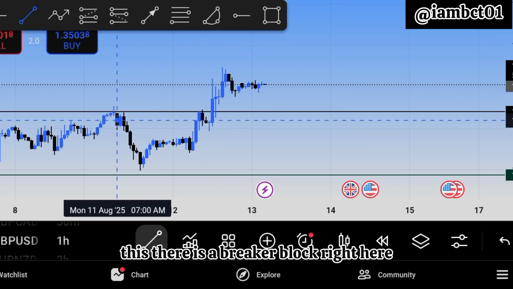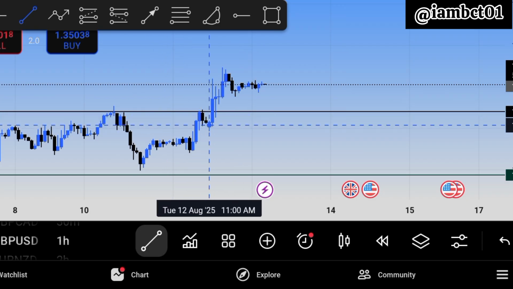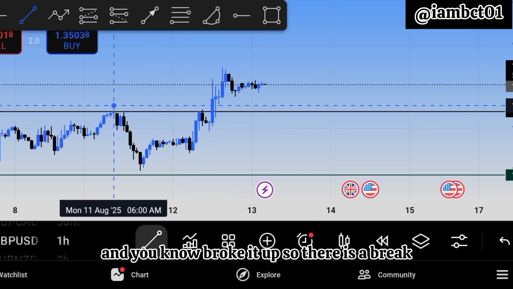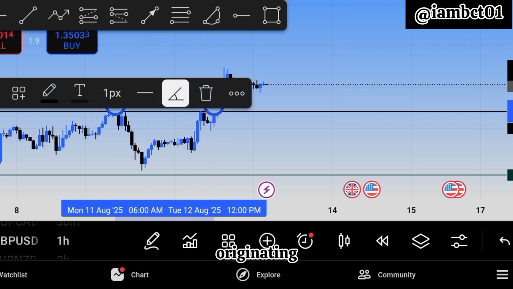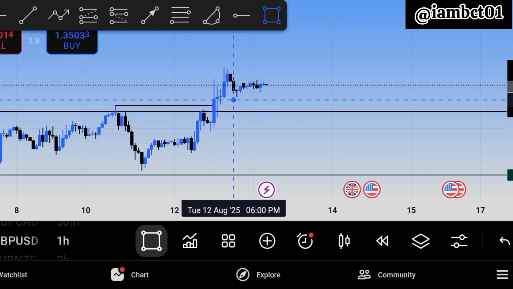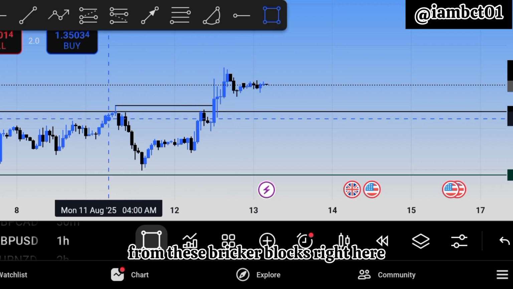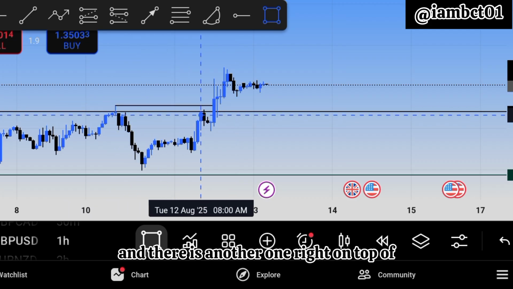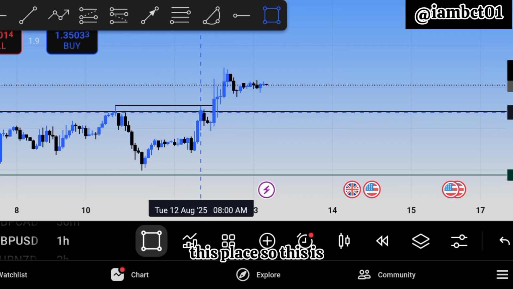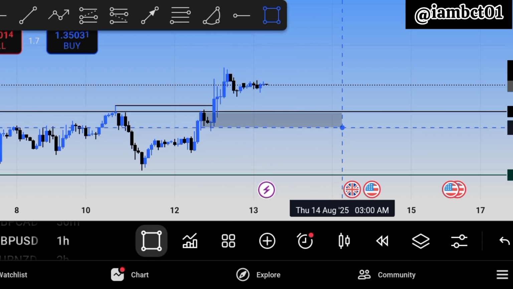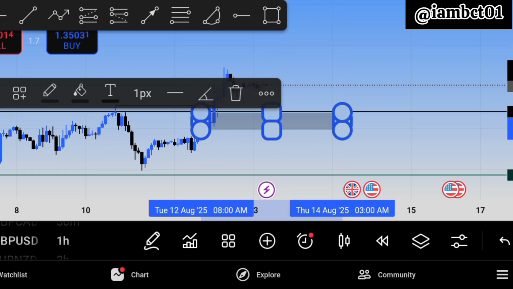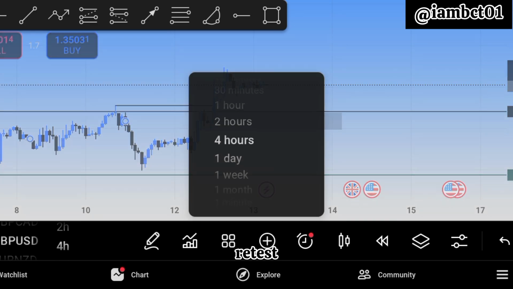There is a breaker block right here and market came there, reacted down and broke it up. So there is a break of structure right here, originating from these breaker blocks, and there is another one right on top of this place. So this is where we should be waiting for our buy from market retest.